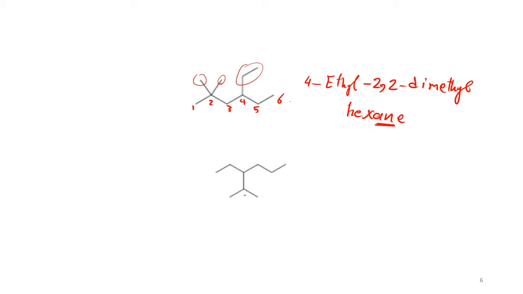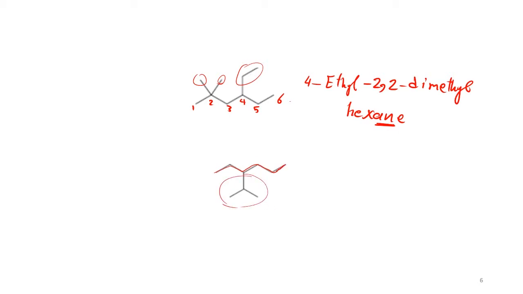Now, if I look at this one, you could see that there is a branch in here. Where there are two or more parent chains that are identical, I would try to make my parent chain the one with the greatest number of substitutions. What I mean by that, if you look at this parent chain, I have one parent chain with the isopropyl as a side chain.